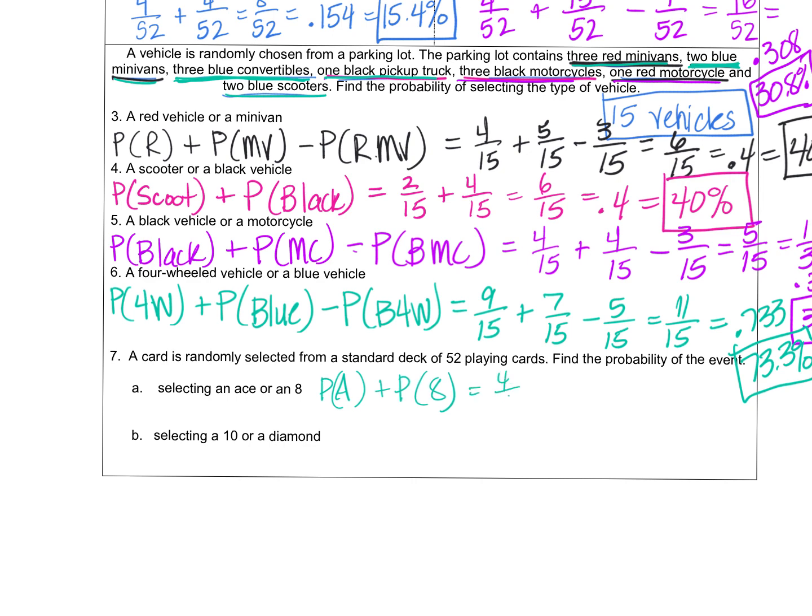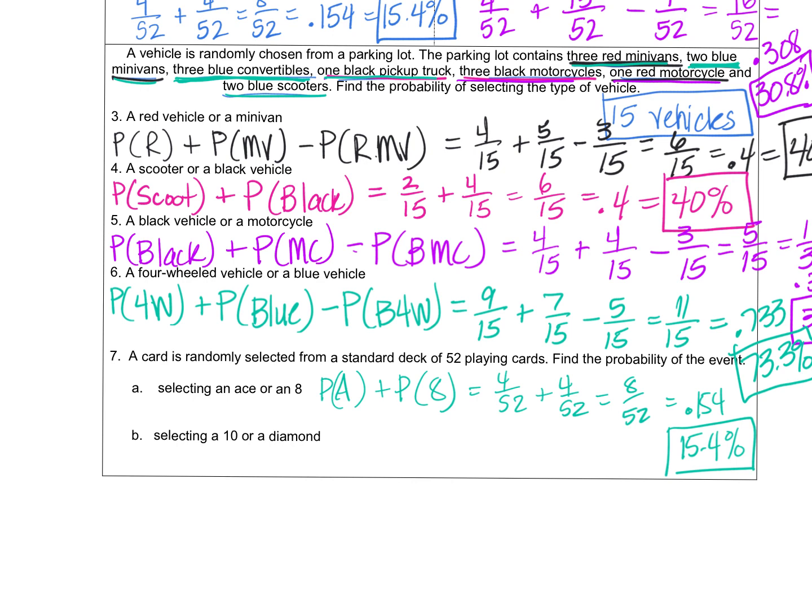So you're going to have the 4 out of 52 plus the 4 out of 52, which is 8 out of 52, which is 0.154, or 15.4%. Anytime you're looking for the probability of selecting 2 cards, one or the other, it's always going to be 15.4% because there's 4 of everything.